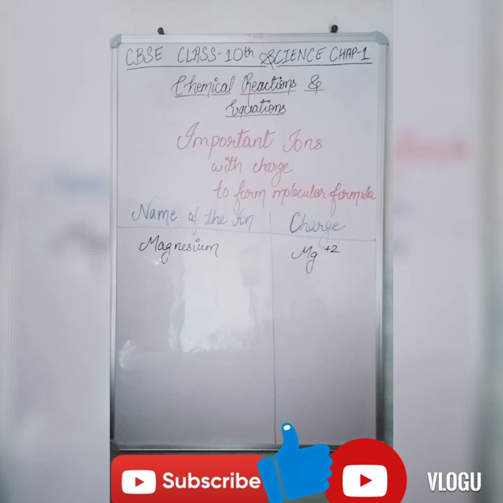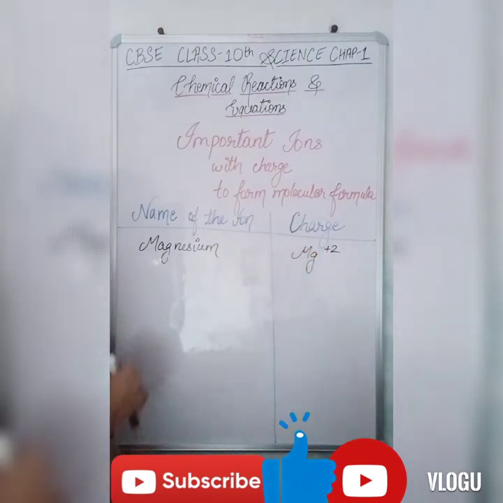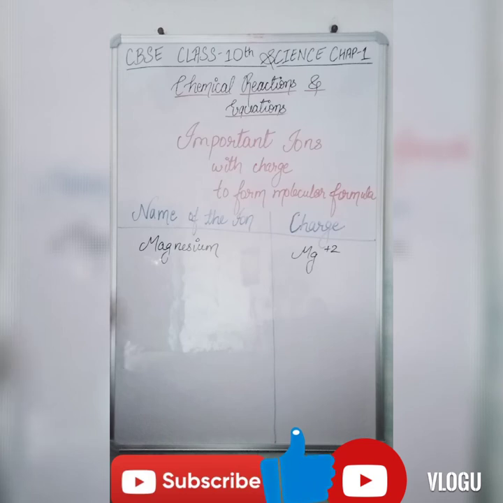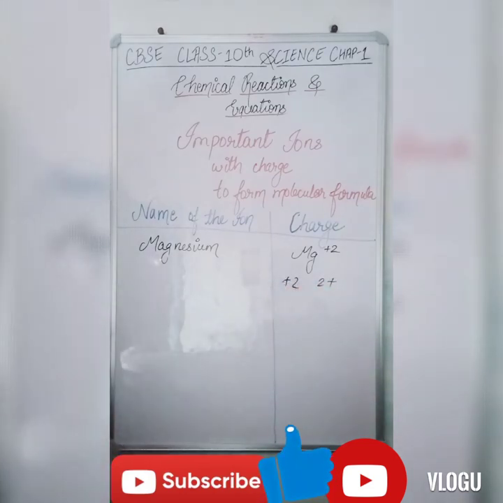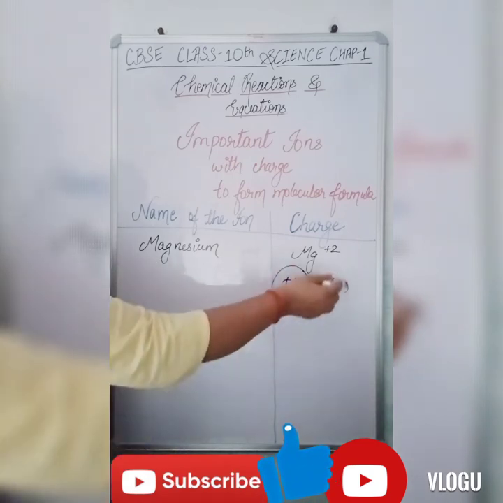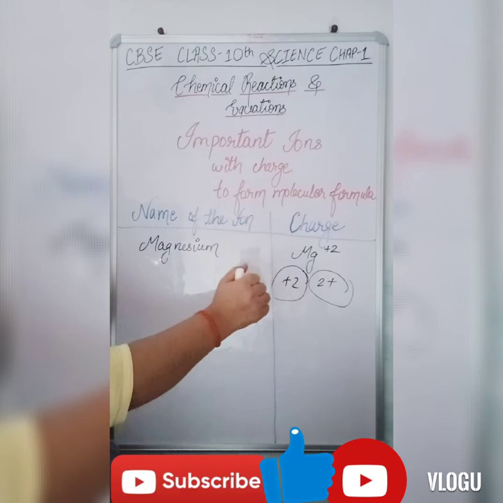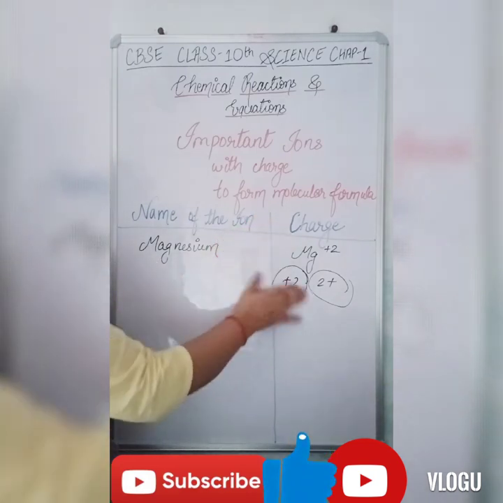Another one is, actually more precisely, if I say, this is not the charge but this is the valency, because there is a difference in writing it like this and writing it like this. So this represents the valency or oxidation state, and this represents the charge. So if you want to change the heading, you can write there valency instead of charge.